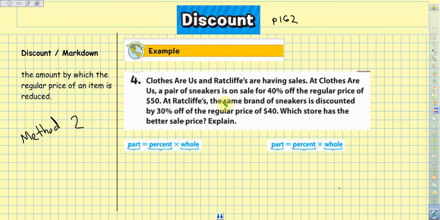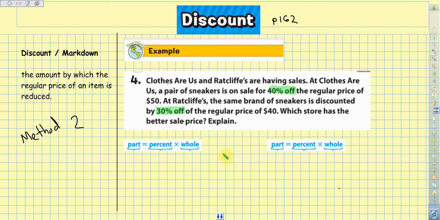First of all, they're both having a percent off. Okay, we have Clothes R Us is having 40% off. So let's either underline, highlight. Okay. Then we have another percent off over here. We'll just do the percents off first. At Ratcliffe's is 30% off. Now, just because Clothes R Us is having 40% off the shoes doesn't mean they have the better price, because it's 40% of a number.